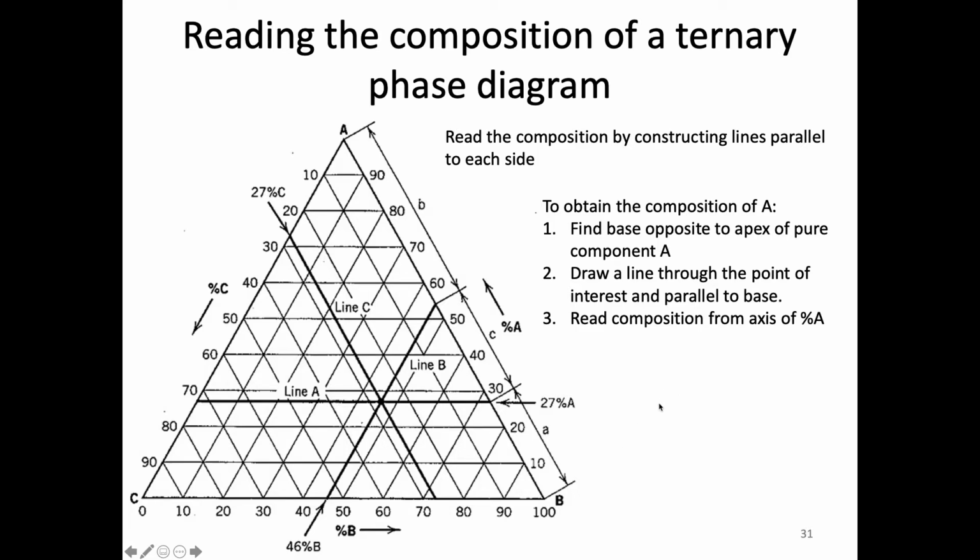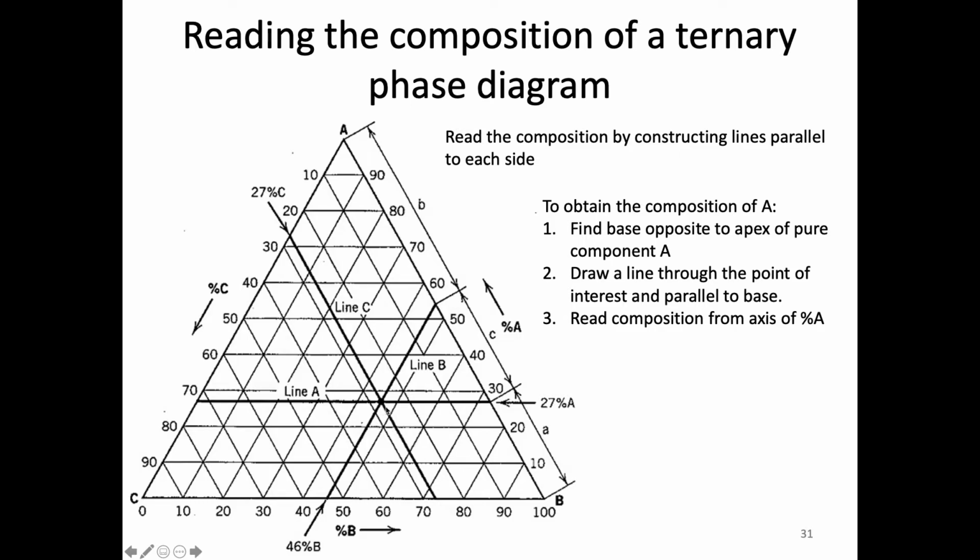And we do so with constructing these parallel lines. So you see A, B, and C, all these parallel lines to the side of the plot. So we're going to start with a point here, right, in the middle. This is the point that we are interested in finding out the composition. So what we're going to do is, starting with that point, we're going to draw 3 lines. And these lines are going to be parallel to each side of the triangle.